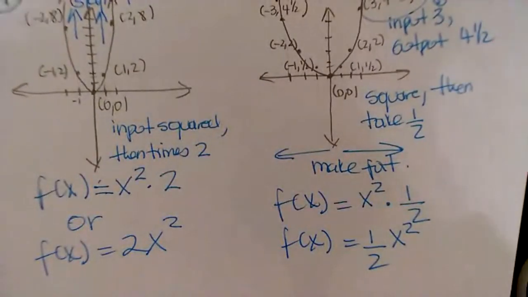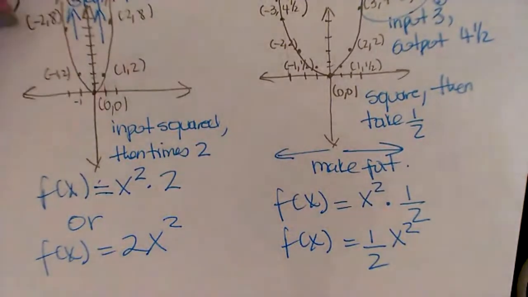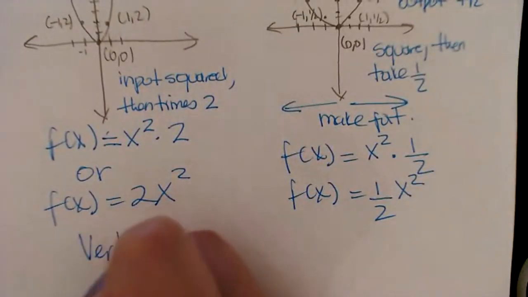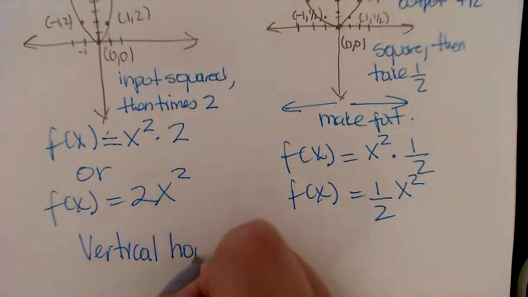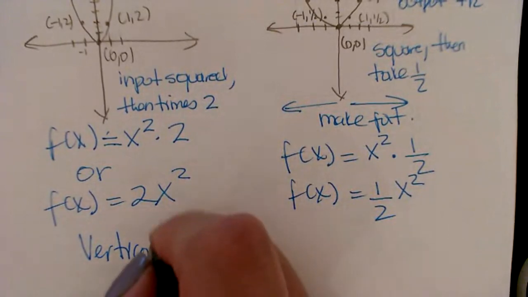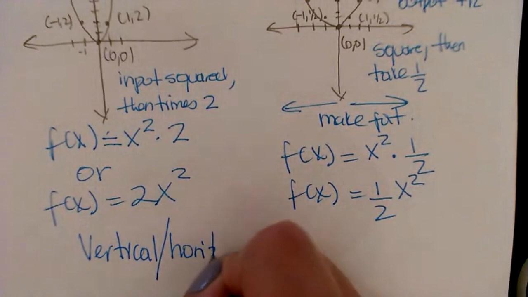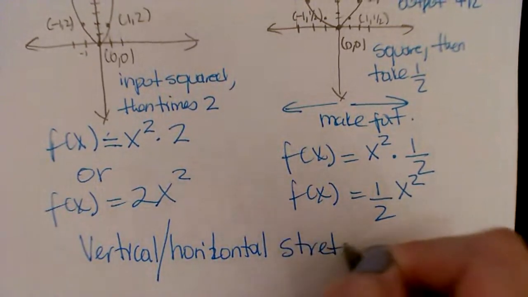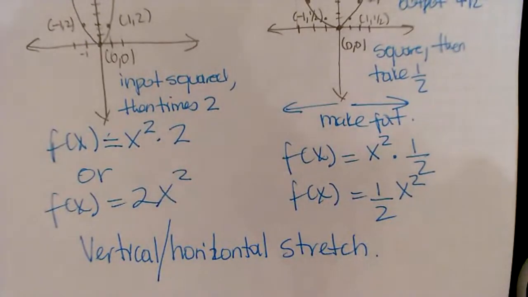And we call this one the vertical horizontal stretch. We're making the parent function fat or skinny, all right?